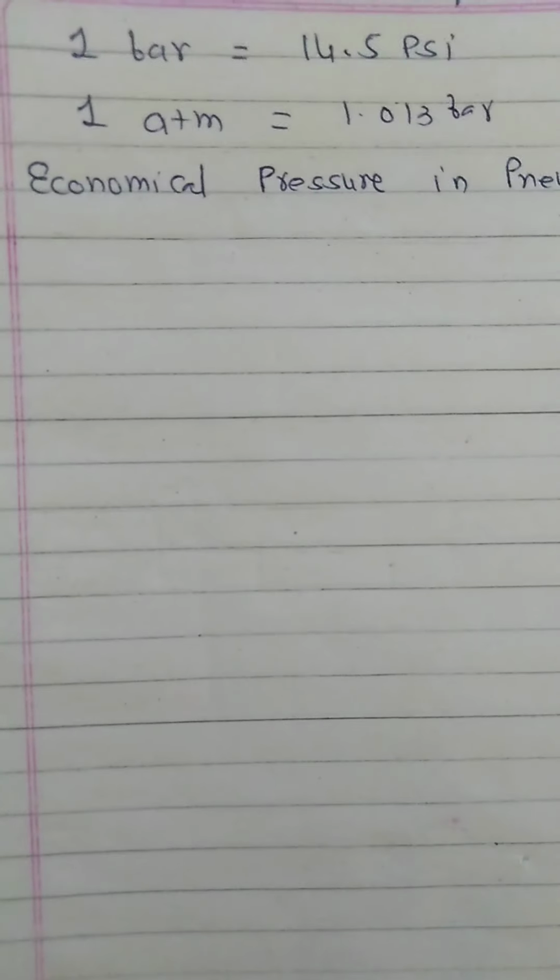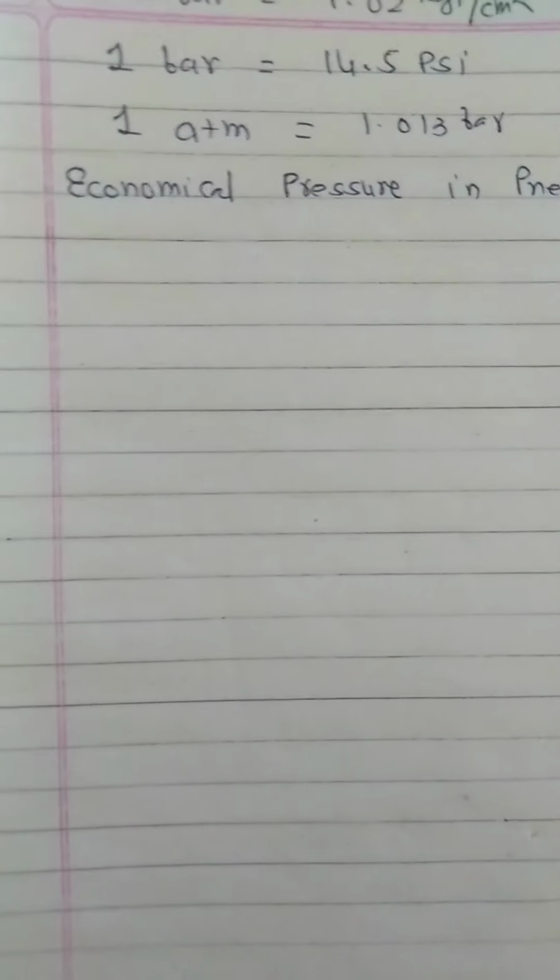Then the installation cost of the pipe system is kept to a minimum. Then valves and cylinders can be kept to reasonable dimensions, with minimum wear and maximum efficiency. So all these 4 points say that if you go for a higher pressure, then the compressor will be costly and complicated, and it needs staging also.